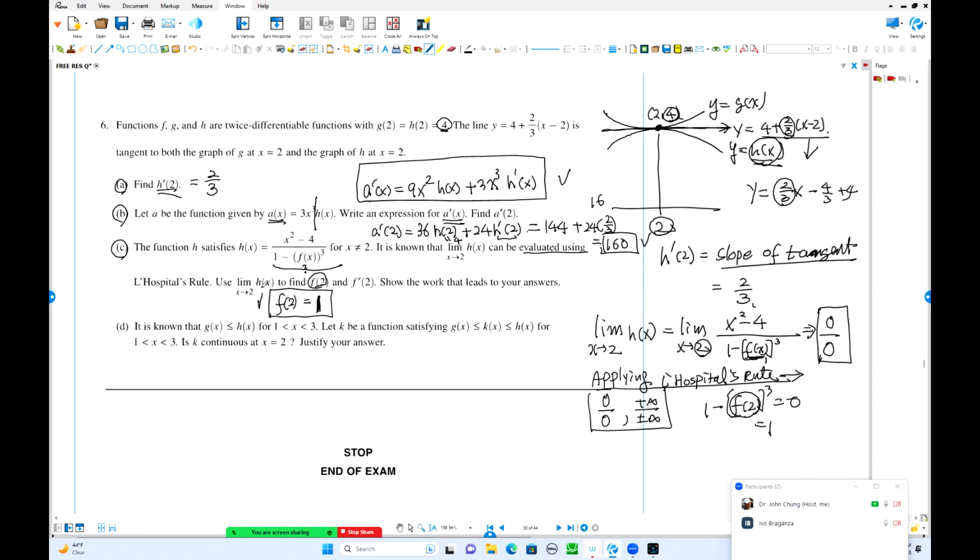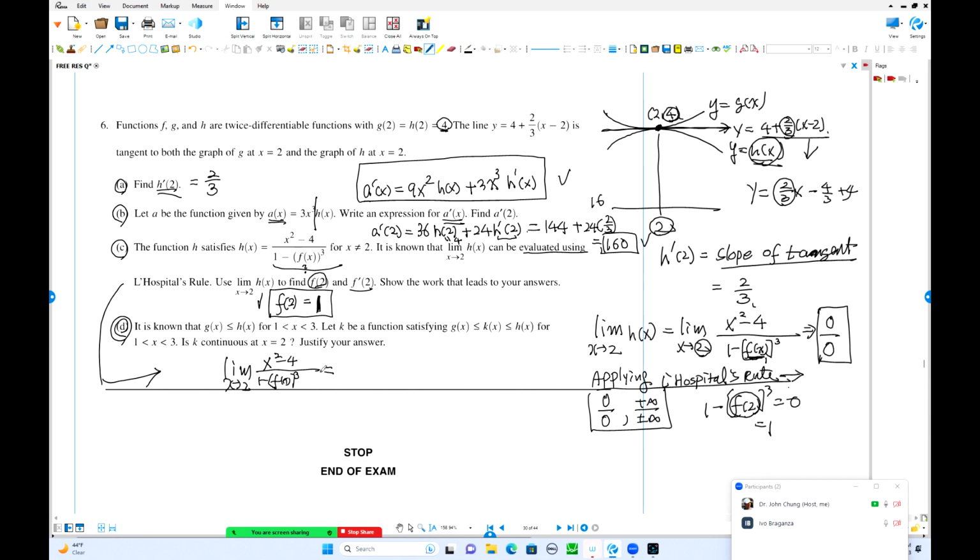Anyway, we apply f prime to get this one, we take the right integral using L'Hopital's rule, okay? This one you're gonna do next time, okay? This one. Limit as x goes to 2 of x squared minus 4 over 1 minus f of x cubed.